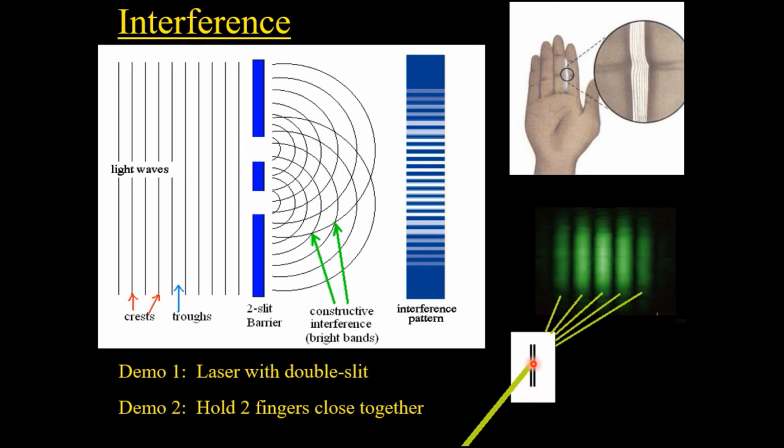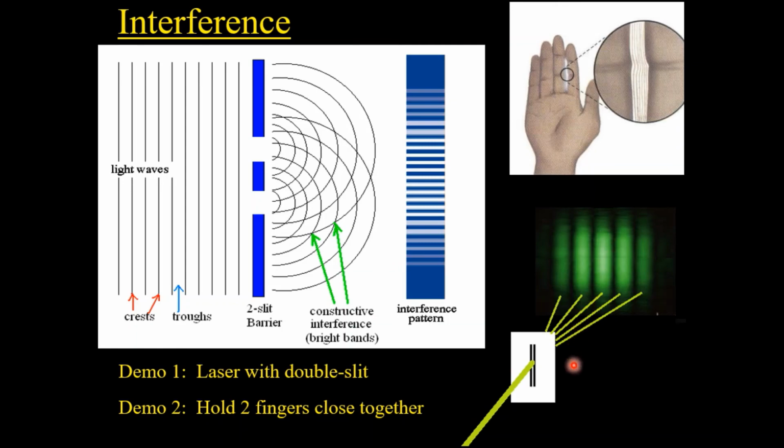As the beam goes through these slits, it spreads out from each slit and interferes with itself and produces this pattern. This is an actual photograph of the laser beam pattern on the wall or on the screen behind, and notice there are bright regions, constructive interference, separated by dark lines, which are destructive interference.